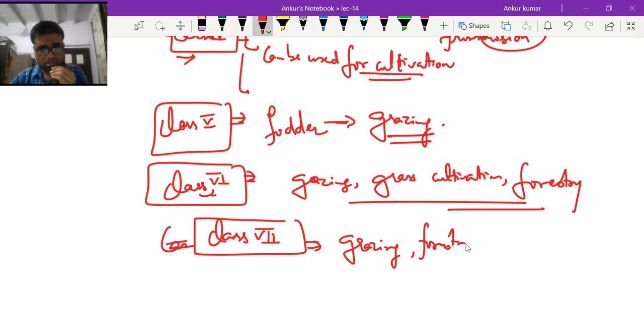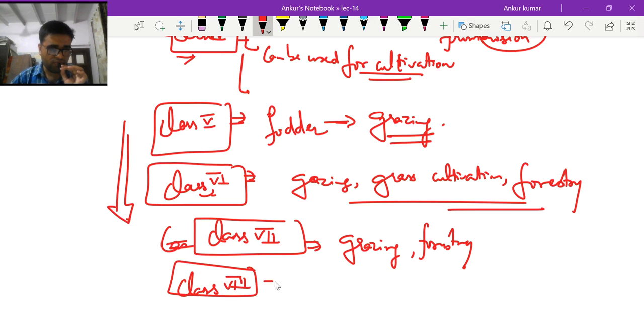You have to remember one thing: as we go down, the quality of land is decreasing. When I come to class 8, these lands are not suitable at all for cultivation. Even fodder cannot be grown on these lands. These are suitable just for wildlife and recreational purposes.